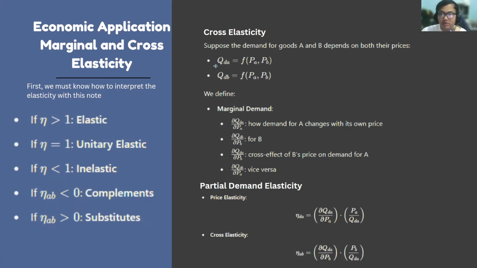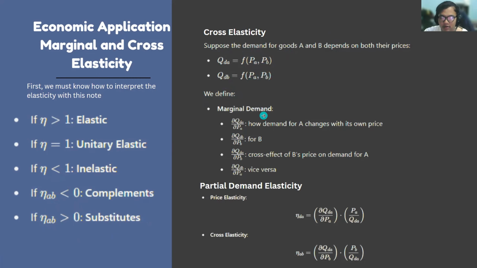Okay, cost elasticity. Suppose the demand for goods A and B depends on both their prices: QDA equals f(PA, PB), and QDB equals f(PA, PB).